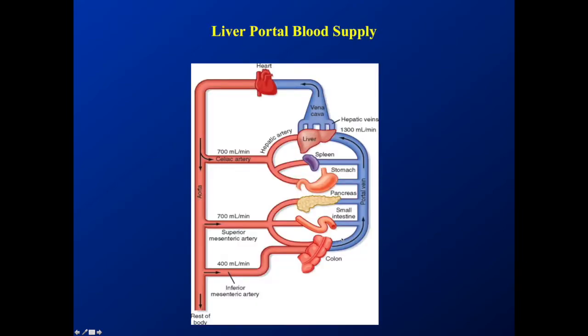You need to be aware of the special blood supply of the liver, the fact that it gets its sources from two different places. You have the hepatic artery that brings in well oxygenated blood into the liver, but you also have this very large flow of deoxygenated blood that's rich in nutrients, especially after a meal, that comes from essentially the GI tract and mixes with the blood from the hepatic artery in the liver through the sinusoids that we saw in the previous slide.